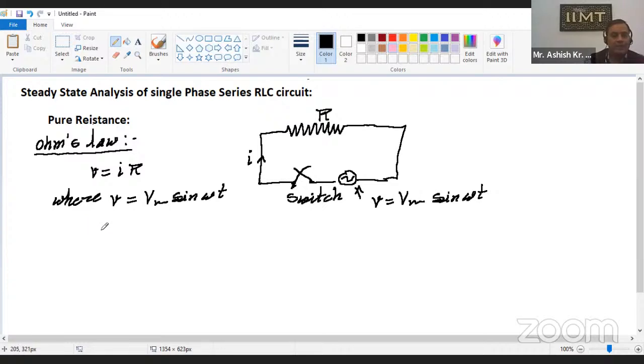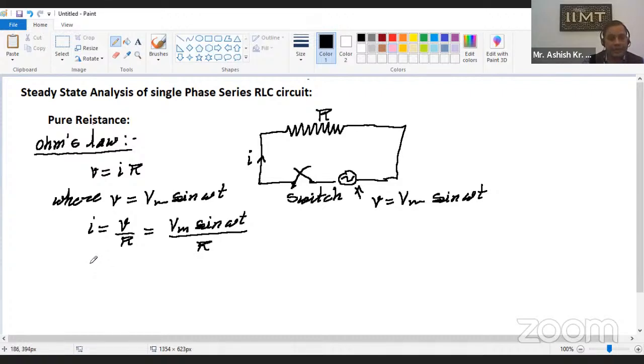From this relation, we find the value of instantaneous current, that is small v upon R, and we put the value of instantaneous voltage, that is Vm sine omega t upon R. And as we know, when the voltage is maximum, the current flowing through the resistance is also maximum.